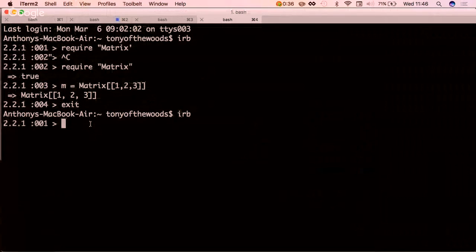So IRB. There is a matrix class. This is slightly annoying because it's a bit Ruby-ish. It's a bit like inventing your own idiom as you go along. But there is a factory method in matrix which looks like this.